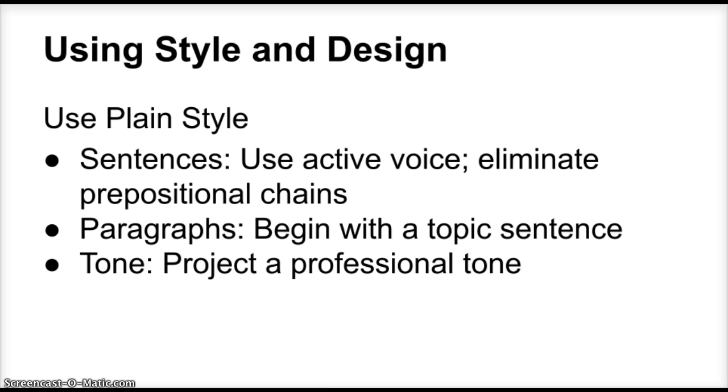As far as style and design are concerned, typically activity reports use a plain style. So in your sentences, you want to think about using active voice, eliminate any long prepositional chains, and just basically be very concise in your wording and in your syntax. For paragraphs, you want to begin with a strong topic sentence, and then all the supporting sentences should relate back to the topic, and your tone should project a professional air.